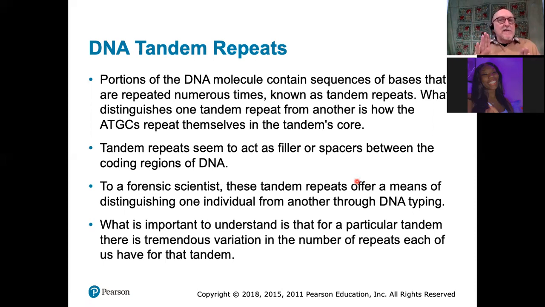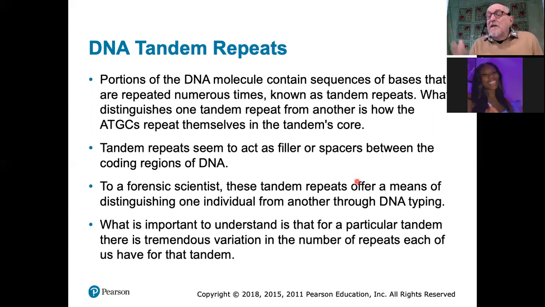We're not so much interested in the genes, in actual fact, in DNA typing. We're interested in intervening areas of the DNA, and there is a lot of it. A lot of our DNA does not code for anything. It is DNA that occurs in between genes.